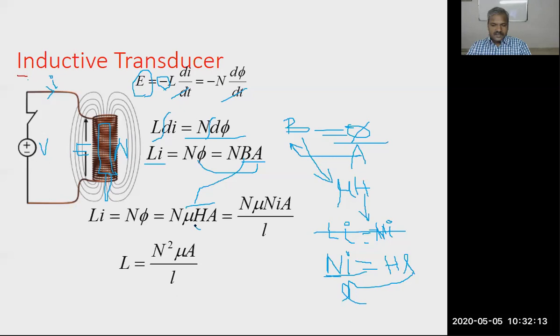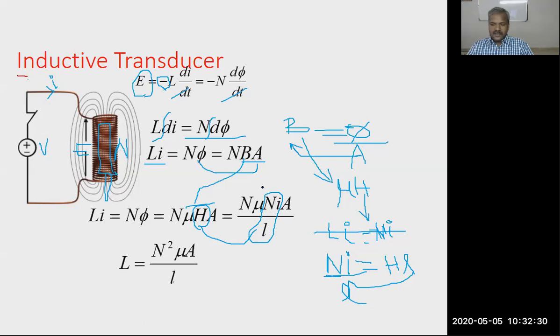So instead of H in this equation, we simply substitute the Ni ampere turns per length, which is equal to H.